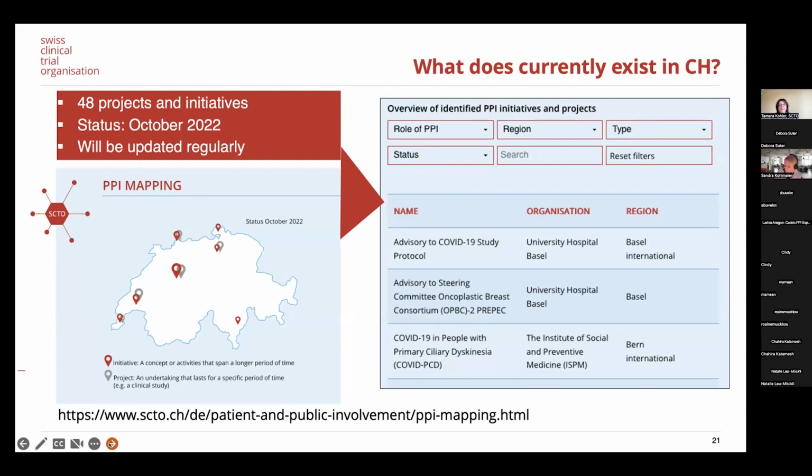These initiatives and projects are published on our website in a tabular overview with information about the project or initiative, the organization, the region where it's happening, and also detailed information on the PPI activities. This is certainly not a complete list, but it gives you an idea, and it will also be regularly updated when we hear about new projects and initiatives.